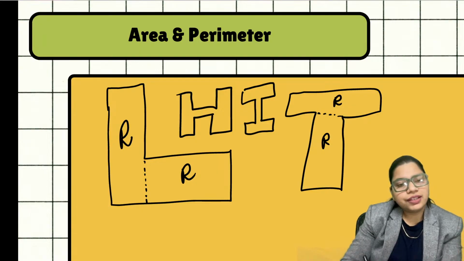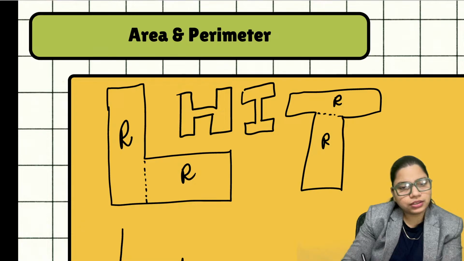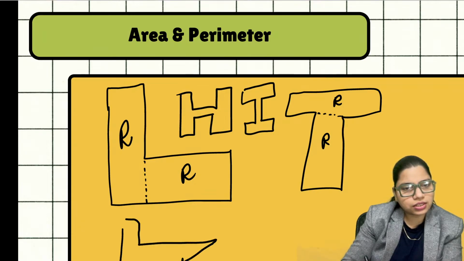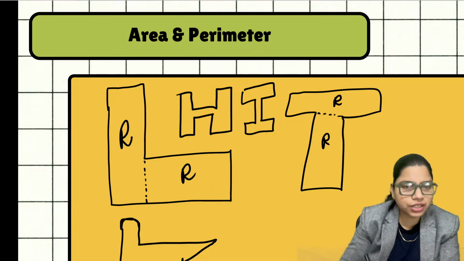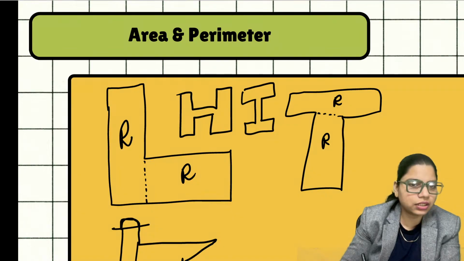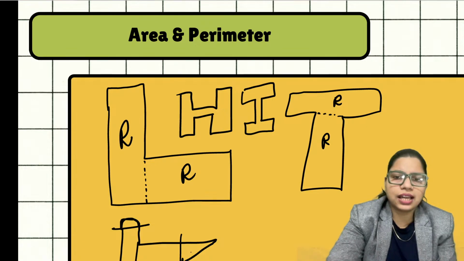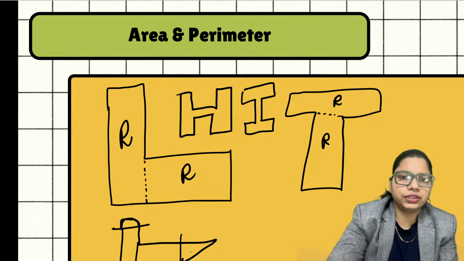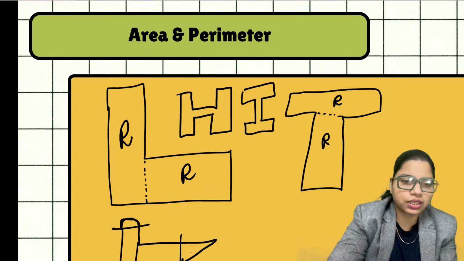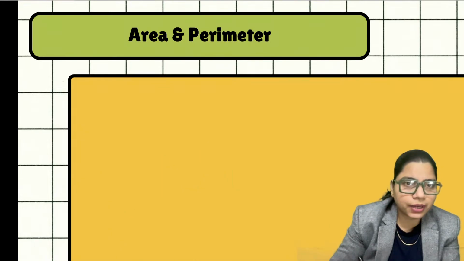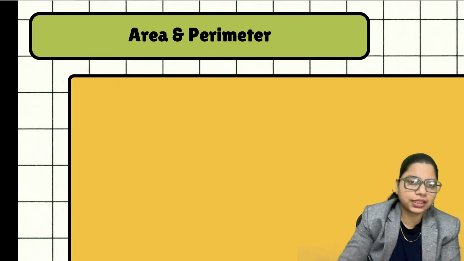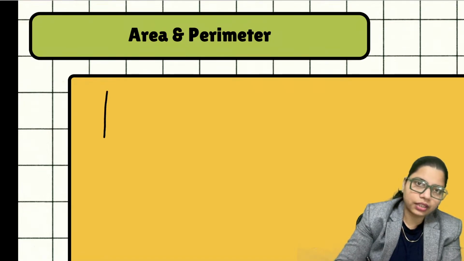If I really want to make something like this, that's also a rectilinear shape. It has a semicircle there, a rectangle here, another rectangle here, and a triangle here. So it's all about understanding what rectilinear shapes are. We are done with that. Now we'll move to the next slide, where we will talk about finding the perimeter of a rectilinear shape.